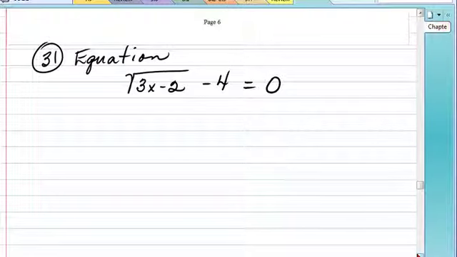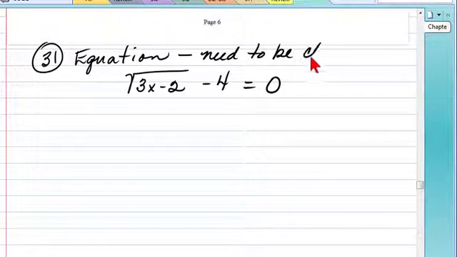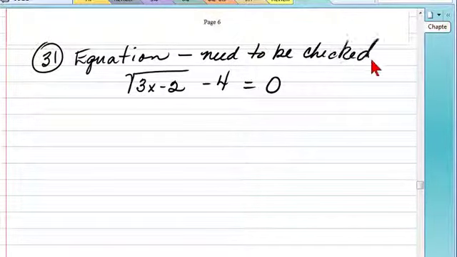When you do the process that it takes to solve these, sometimes you introduce answers that won't check in the original problem. So, radical equations need to be checked. Okay, so we're going to want to check these.